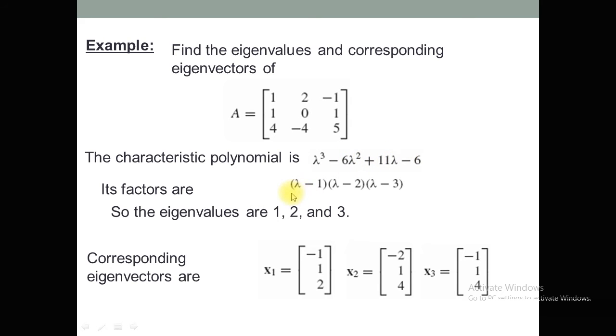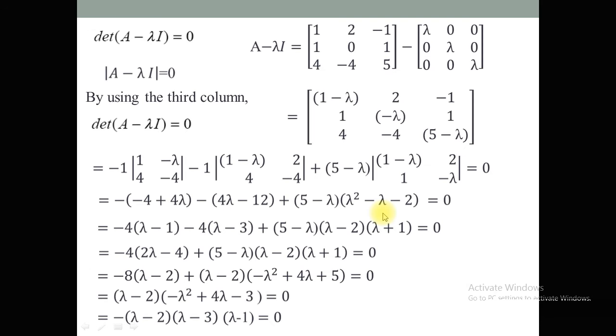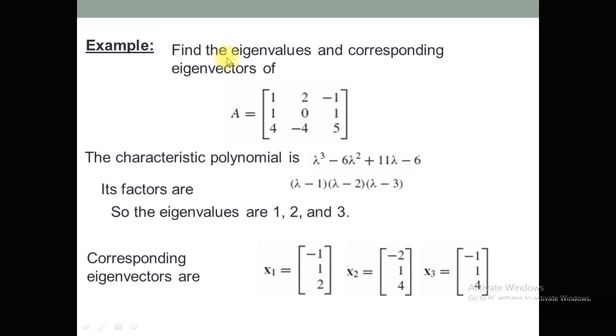You can easily find the values of lambda, and then using the equation (A minus lambda I) x equal to 0, putting in lambda equal to 1, lambda equal to 2, and lambda equal to 3, you will obtain these three eigenvectors. X1 is the eigenvector corresponding to the eigenvalue 1, x2 is the eigenvector corresponding to the eigenvalue 2, and x3 is the eigenvector corresponding to the eigenvalue 3. Now you can easily verify.